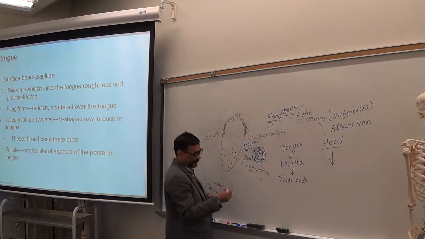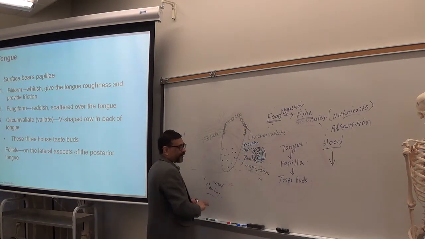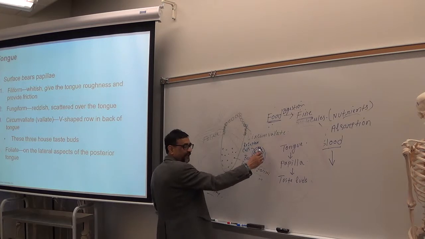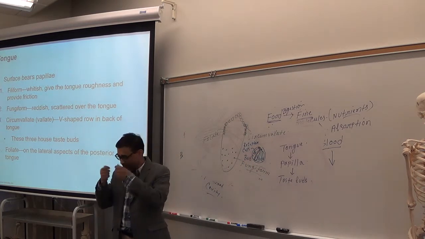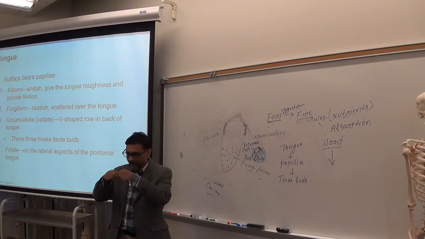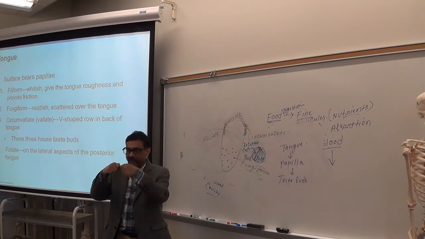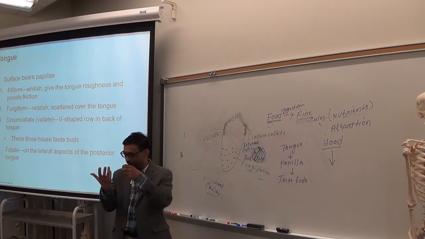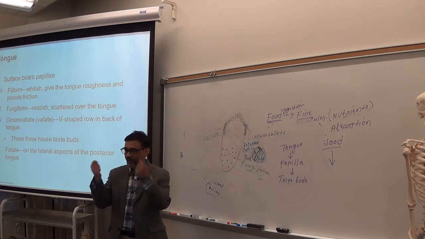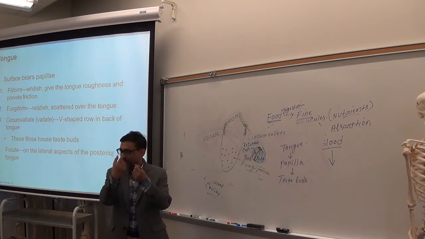So now we can say the taste bud is this whole thing like an orange, right? Of course, not that big, very tiny. You have to see it under the microscope. If you open the taste bud, like you peel the skin of the orange, you see slices inside, right?